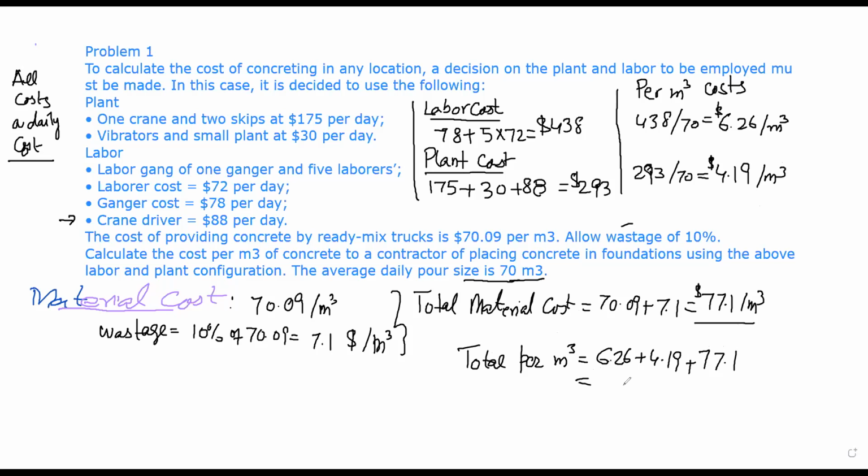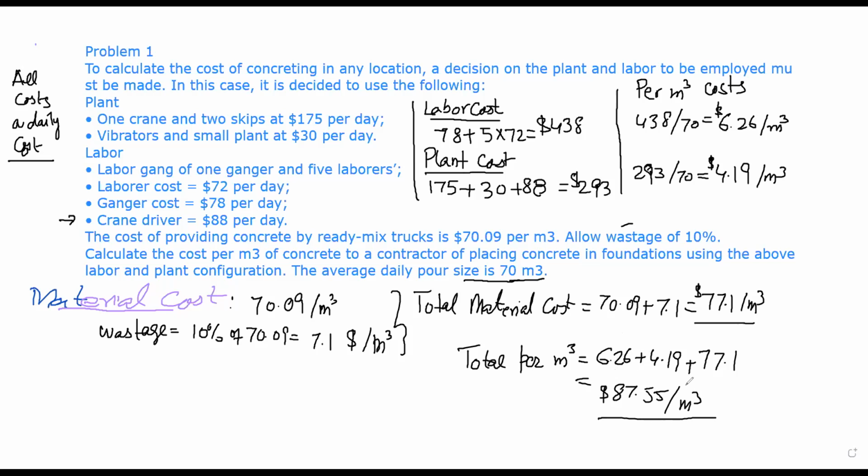So 6.26 plus 4.19 plus 77.1. So it will be 87.55 dollar per cubic meter total cost.